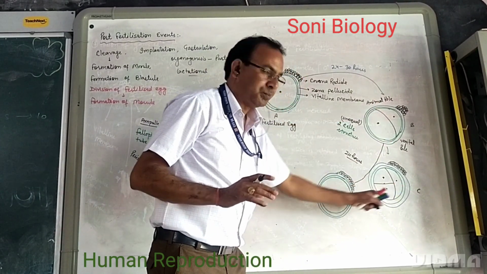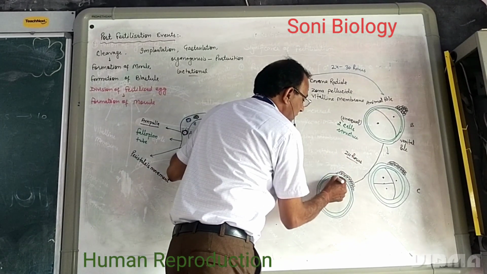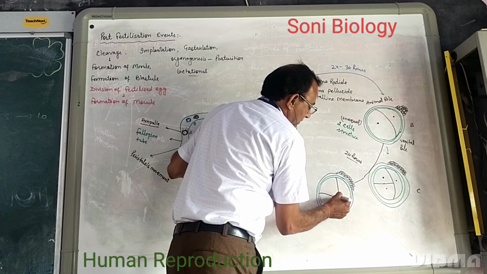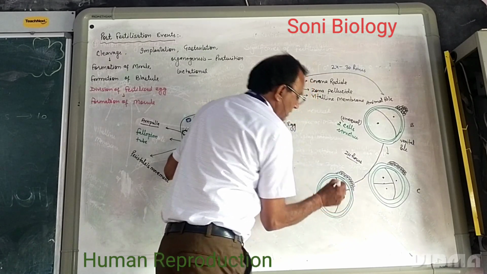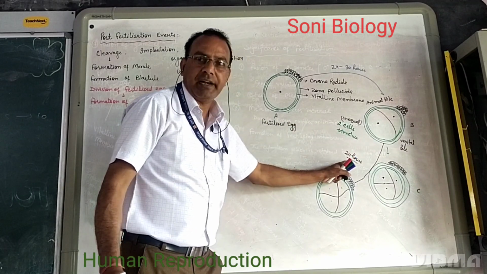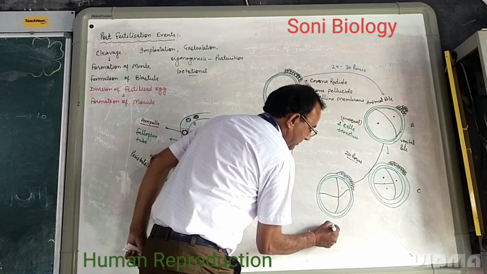After that, 4 cell division can take place, 24 hours after the 2 cell division.